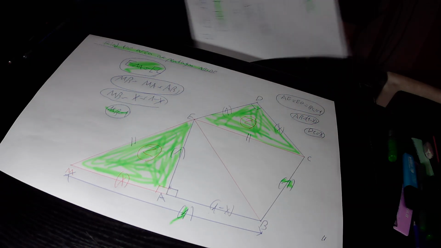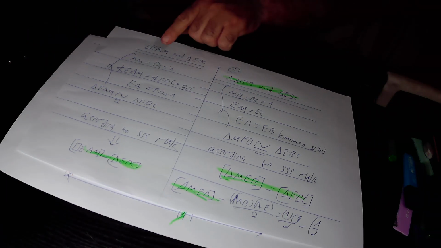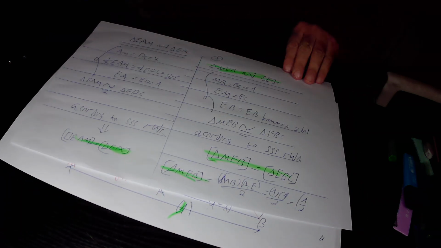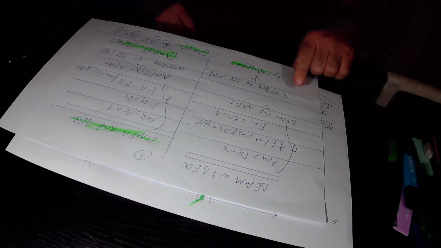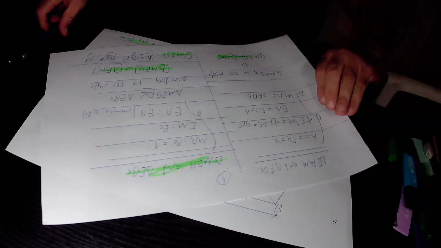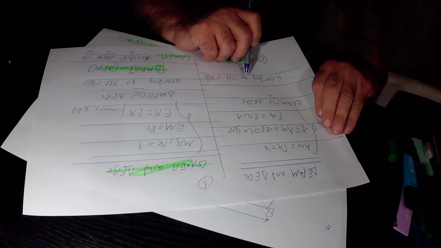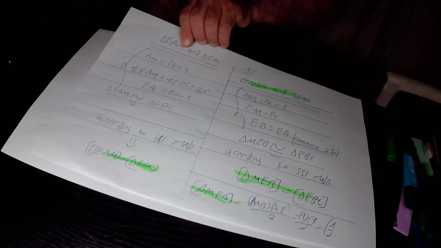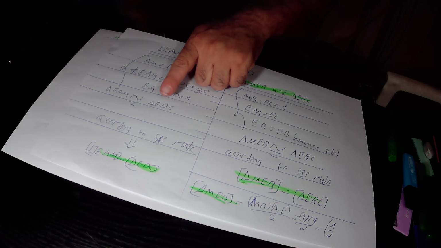And again, we should remember that the right triangle EAM is congruent to the right triangle EDC according to the side-angle-side rule.